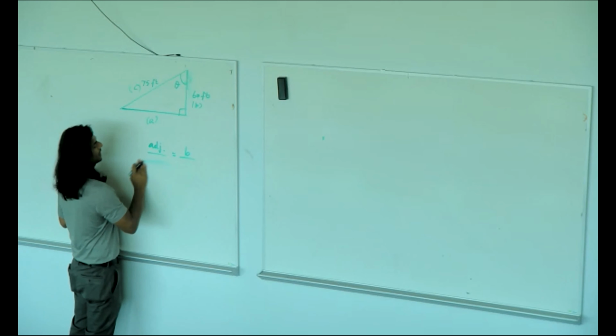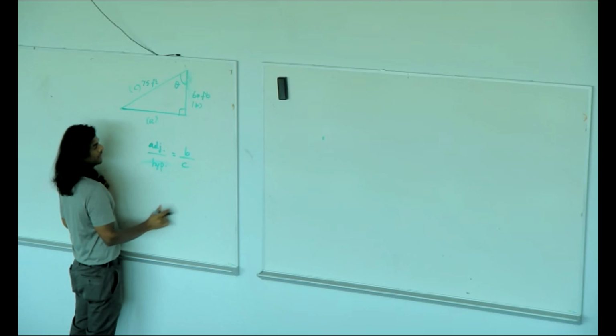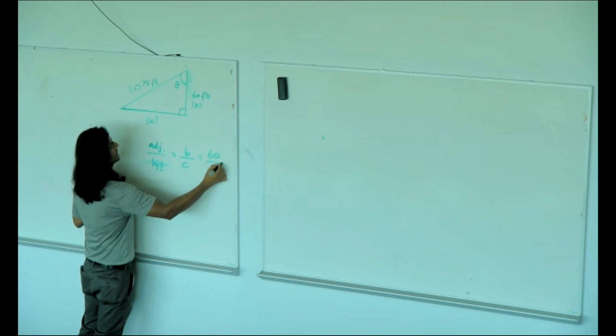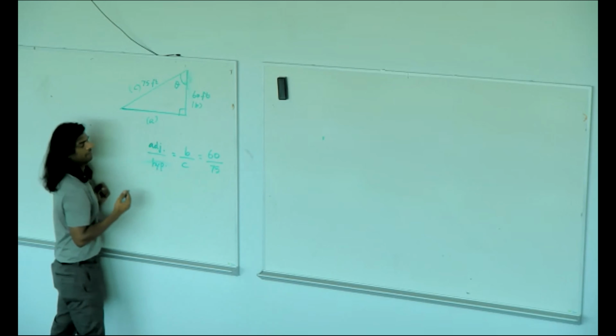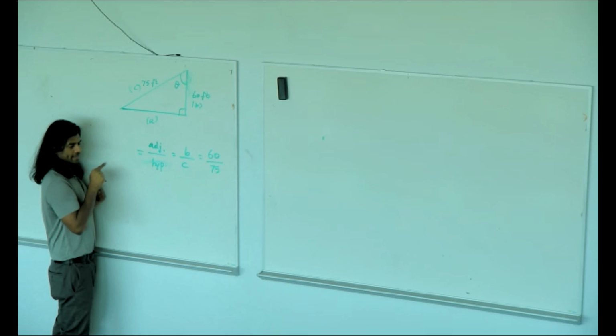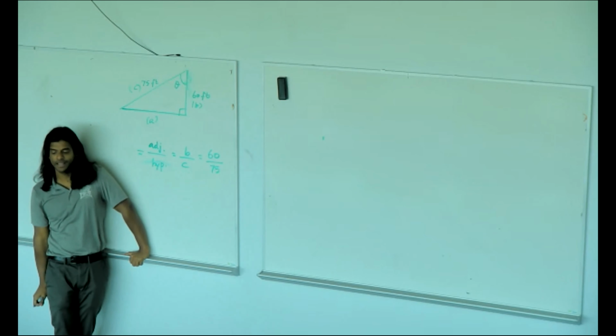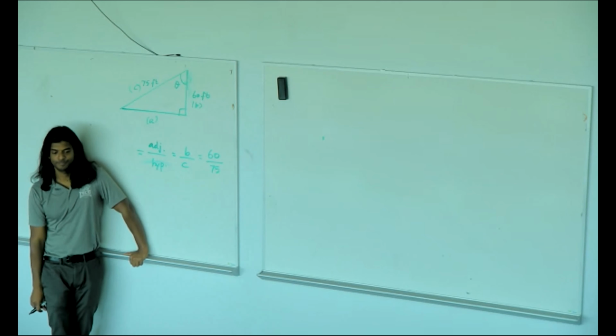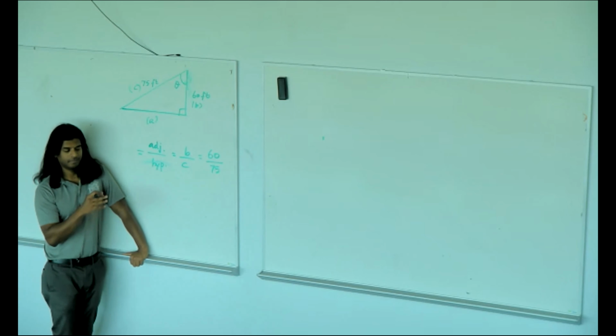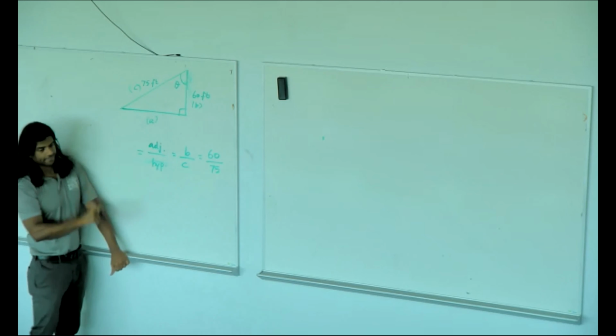So B over C, 60 divided by 75, and that would equal what? What function of theta?